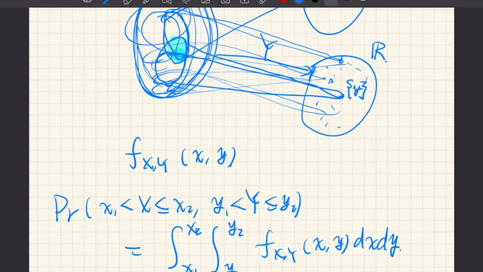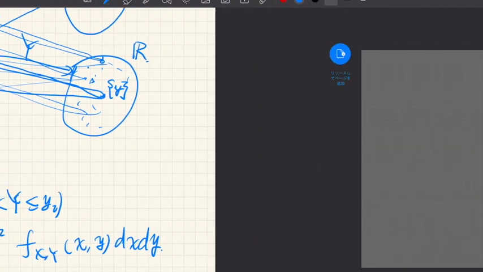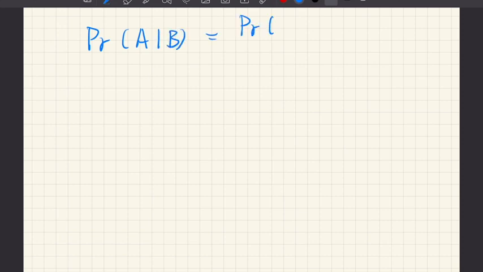And we can also define conditional probability density. Remember the definition of conditional probability? Probability of, let's say, A given B was defined as the joint probability of A and B divided by probability of B. So this was the definition. Similarly, we can define conditional probability density.